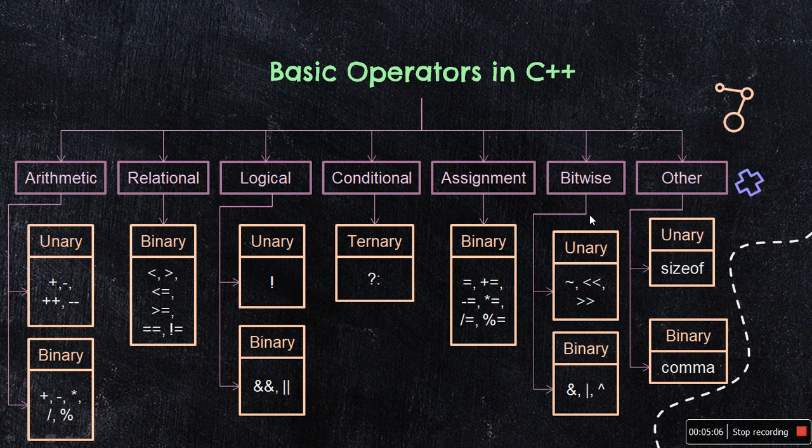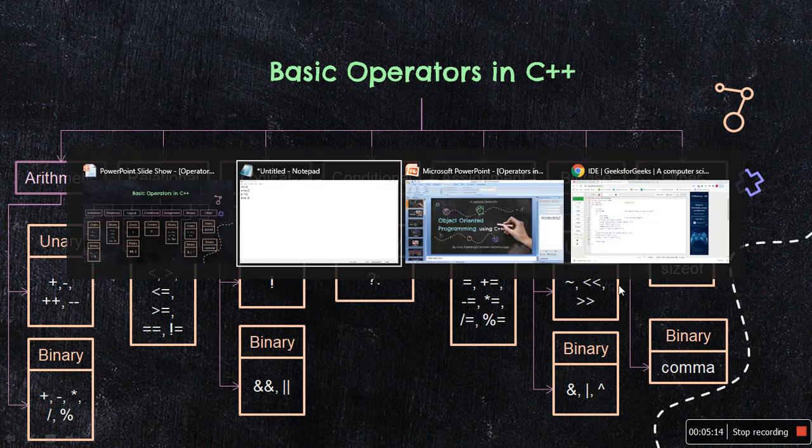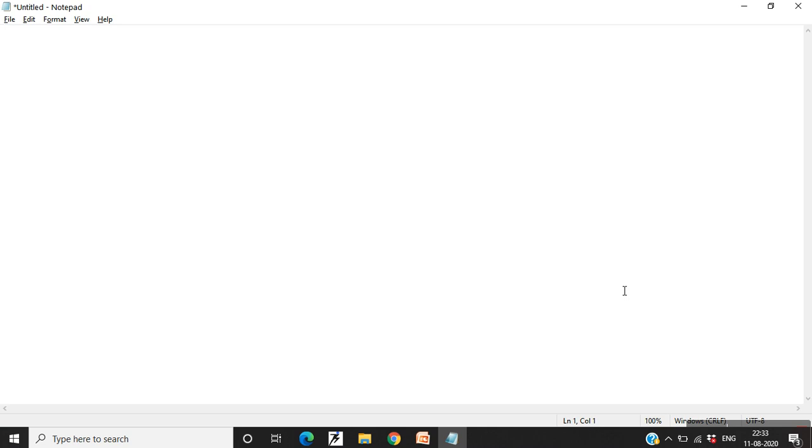Then you have the bitwise unary and binary operators such as the complement operator, the shift left operator, and the shift right operator, which are used in this way. If you use the complement operator, which is the tilde symbol, it is a unary operator used to negate each bit of a binary number.